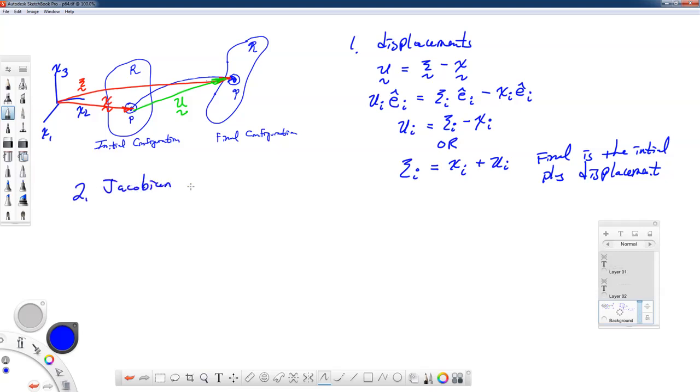Alright, well, let's talk about something called the Jacobian. We said that we could take this point that was located at the xi sub i, which are functions of x sub i in time, or we can invert these and find the x sub i are functions of the xi in time.